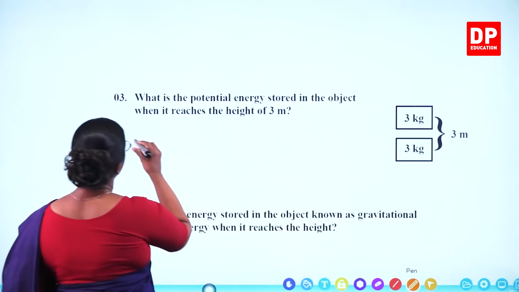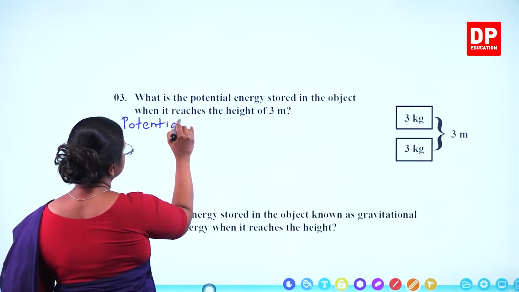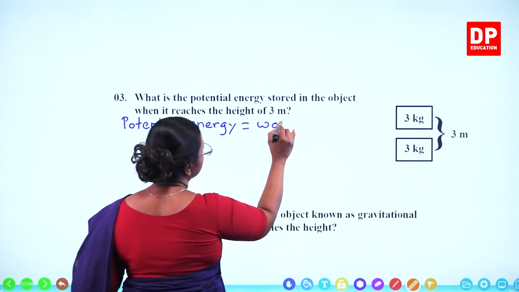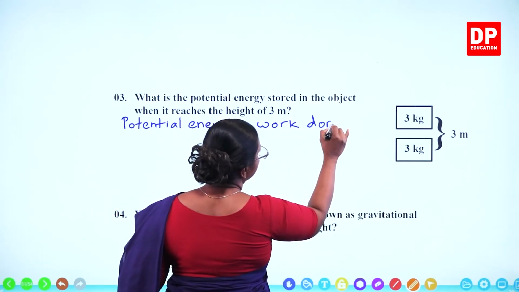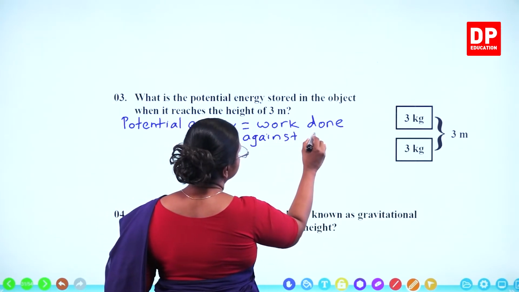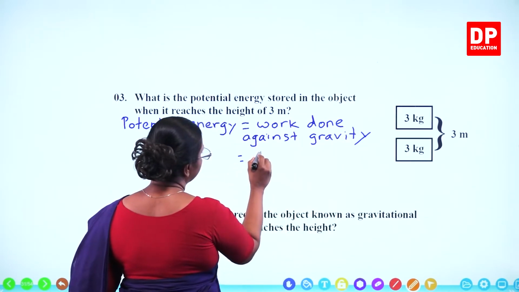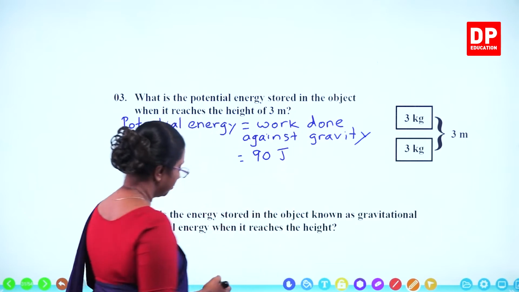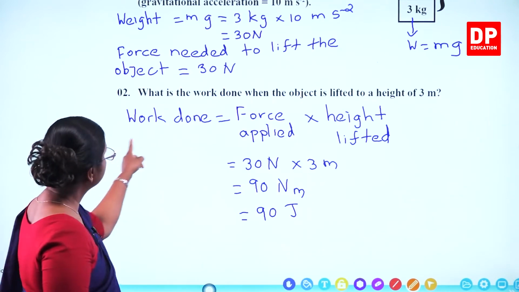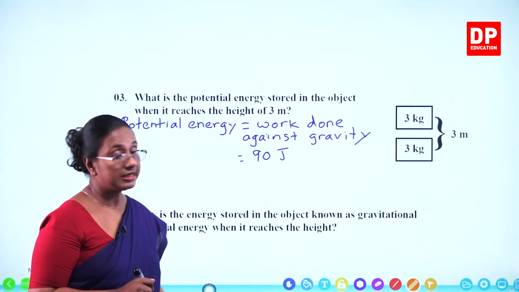So here, potential energy gained, energy equals work done against gravity. So because of that, we have the value as 90 joules. We already calculated it in this previous one. Here you can see 90 joules. That is the work done when the object is lifted up. So that is the answer here.